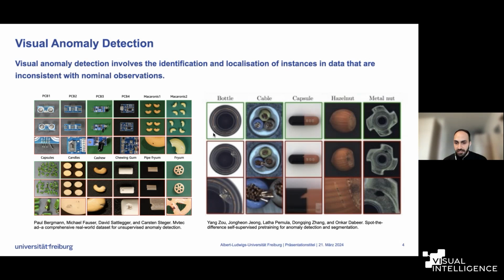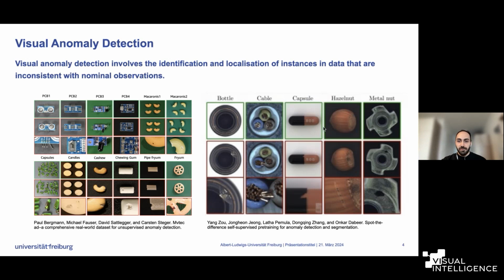Anomaly detection can be applied in many areas, such as finance, medicine, and statistics. However, here we are mostly concerned with visual anomaly detection, and more specifically with industrial cases. So the definition we put in our paper is: visual anomaly detection involves the identification and localization of instances in data that are inconsistent with normal observation.